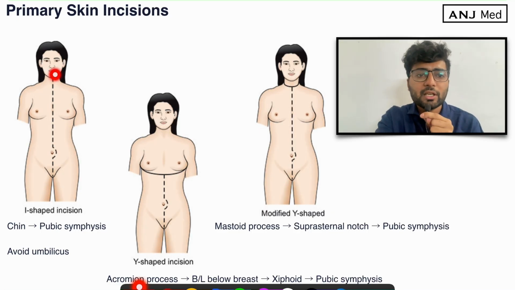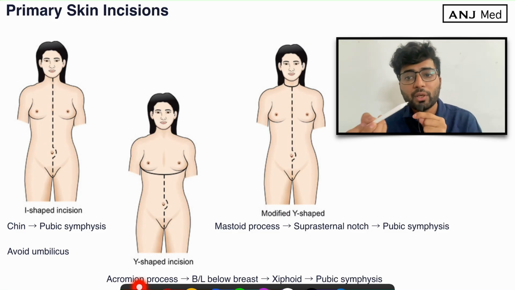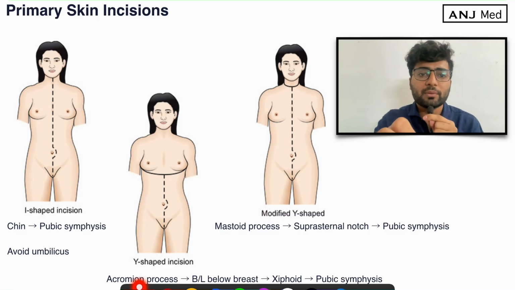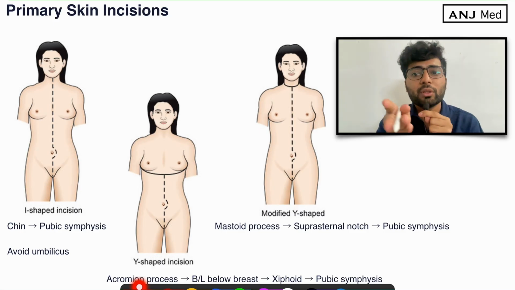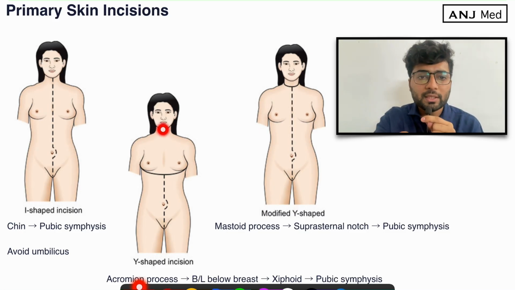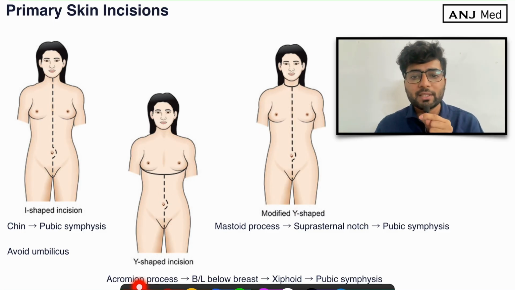Because a single incision opens all three cavities: thoracic and abdominal cavity, right? So we need only one incision to open the thoracic and abdominal cavity. Then why is there a need for the Y incision? Because of cosmetic purposes, since the body has to be given back to the relatives, right? So we cannot make the incision over here like this. For cosmetic purposes, it is done below the breast. So this was the Y incision.